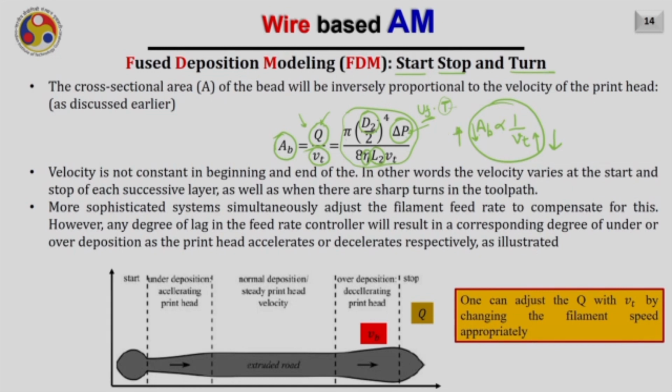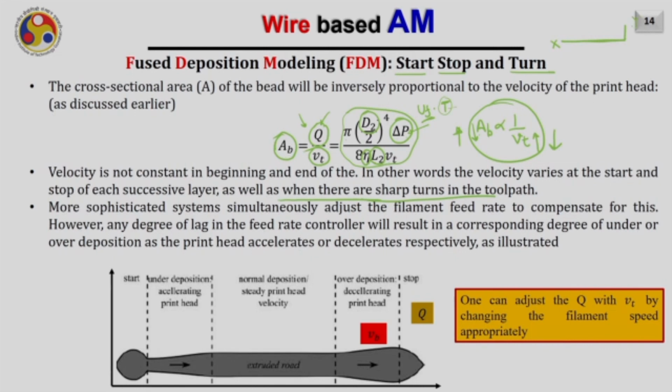Now what happens? The velocity is not constant in the beginning and end of the process. In other words, the velocity varies at the start and stop of each successive layer, and the same thing occurs when there is a sharp turn in the tool path. For example, you are moving in the X direction, only the X motor is working, and then suddenly you take a turn perpendicular to this motion.